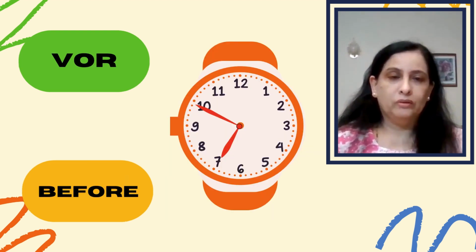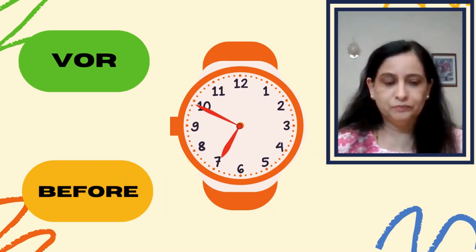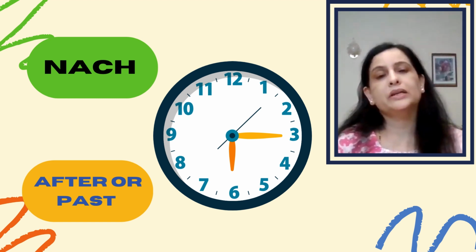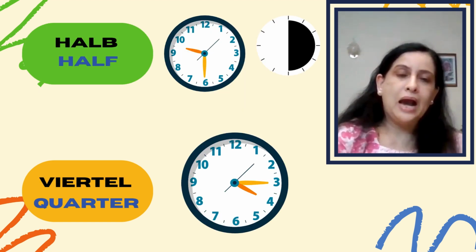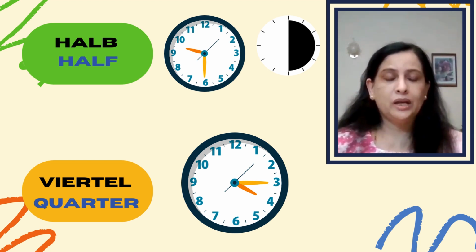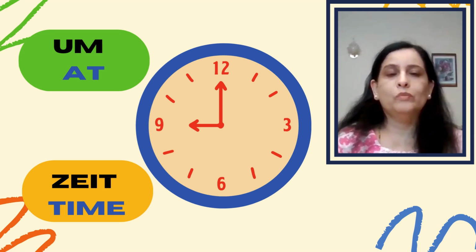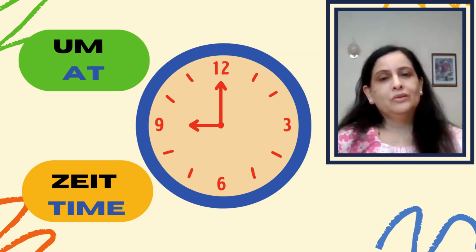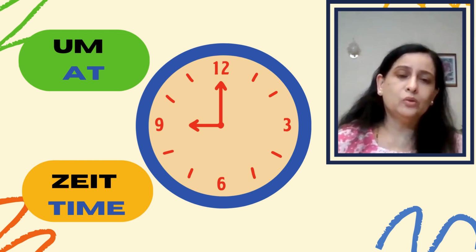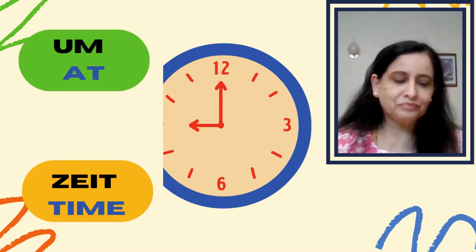Then vor is before. Nach is after or past. Then halb is half, very similar to English. And then um is at, and Zeit is time. So these are a few words related to time or clock.